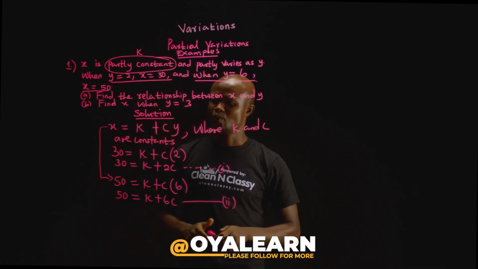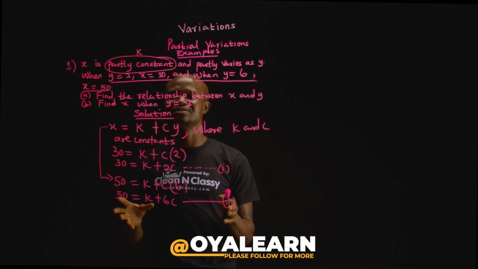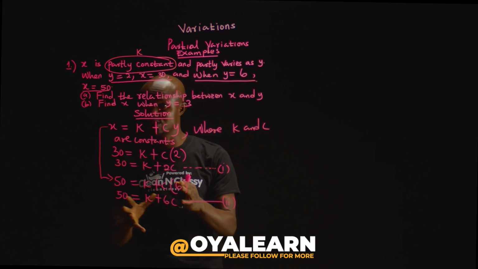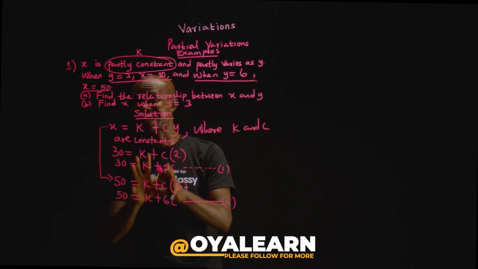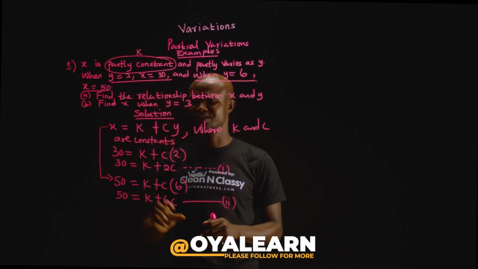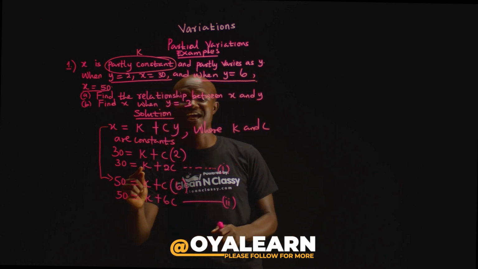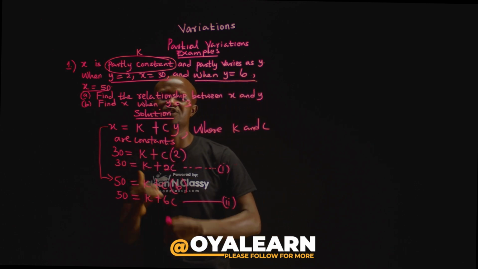Now, we have two equations, and they are going to be solved simultaneously. The preferable method of solving this kind of simultaneous equation is the elimination method, because we have k here and we also have k here. So we can subtract one equation from the other.